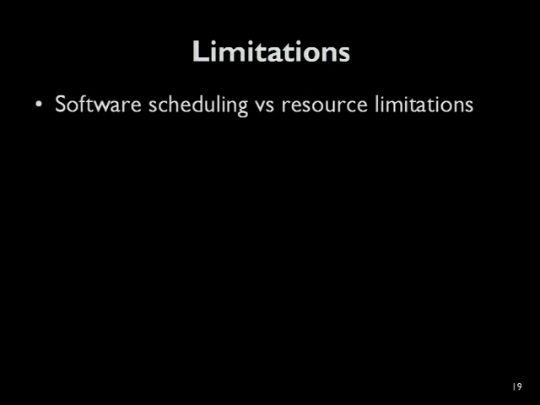Okay. So that's a broad overview of what we can infer and how effective these things are. But I quickly want to go over some limitations before describing some of the experiments we did. So the first limitation is that we don't always infer limitations of hardware resources.